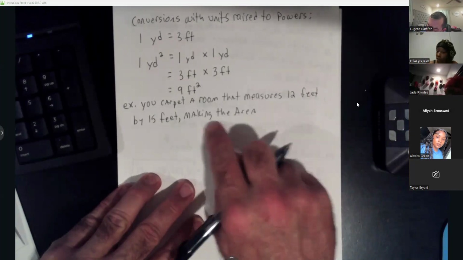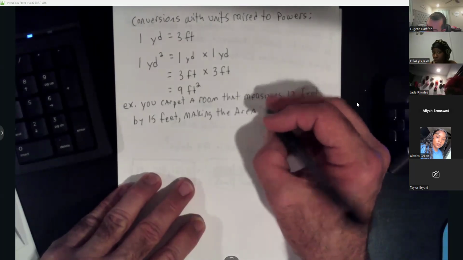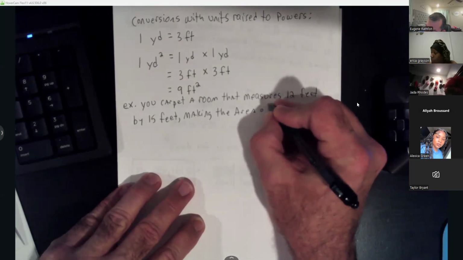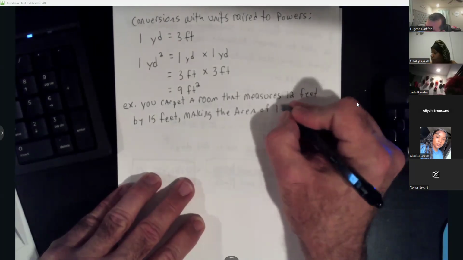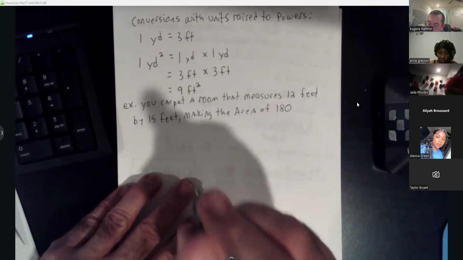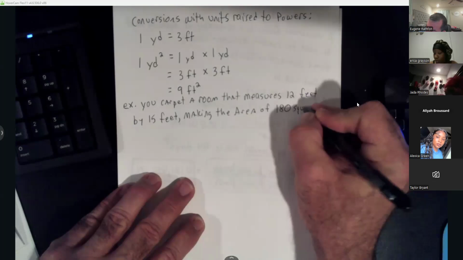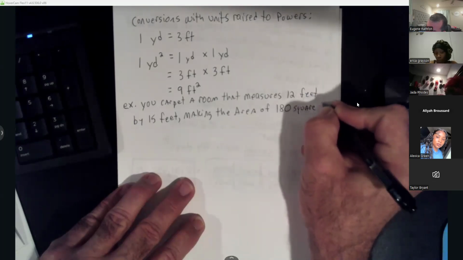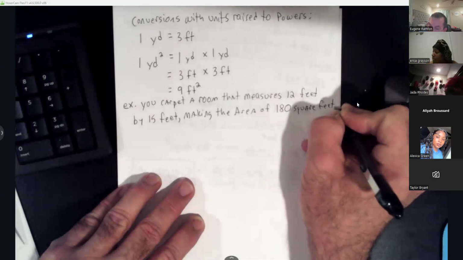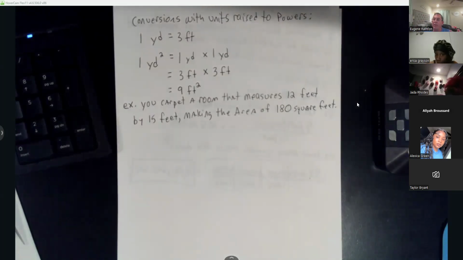But when they did that, the area of 180 square feet. So just like y'all do if you wanted to measure how much area was in your living room, you would measure the length times the width and get your square feet, okay?